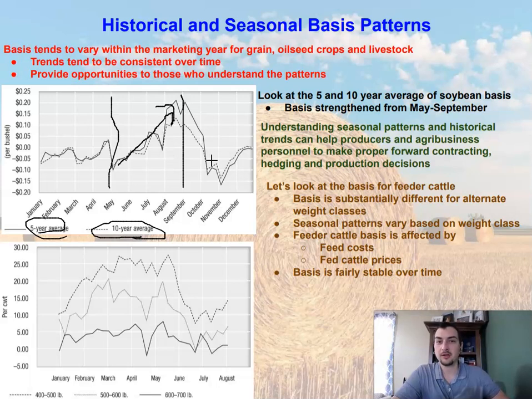So who would stand to benefit from this? Who would be enjoying this basis strengthening? Well, it's the short hedgers. Remember, those short hedgers prefer that basis to be strengthening. They want that basis to be strengthening. So if you're a short hedger and you understand this, you stand to benefit from the fact that the seasonal commodity basis rises.